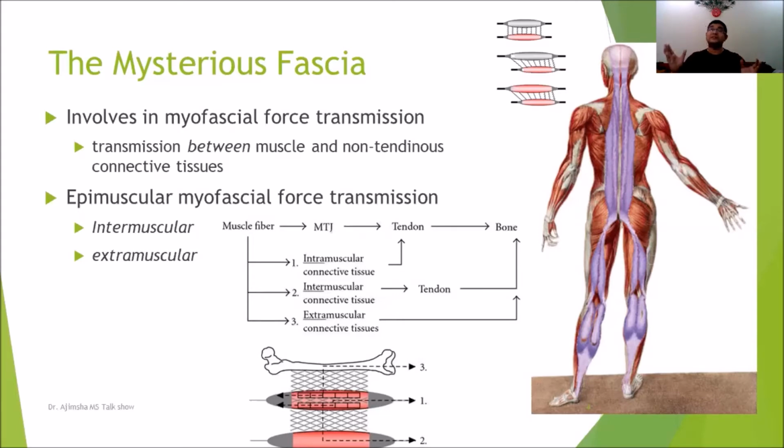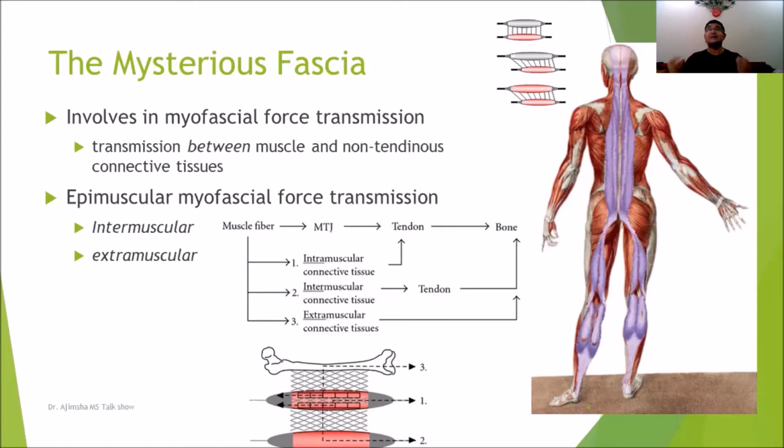We use the term epimuscular myofascial force transmission. Epimuscular means force transmission across the muscle fibers into adjacent muscle fibers or adjacent structures, or even to the opposite muscle groups, the antagonists.